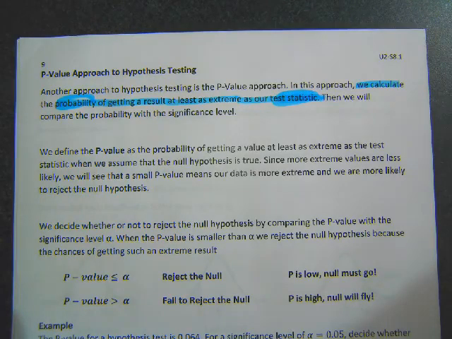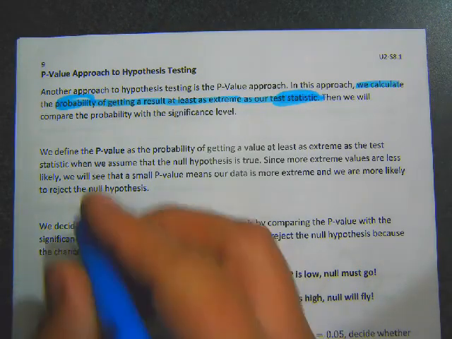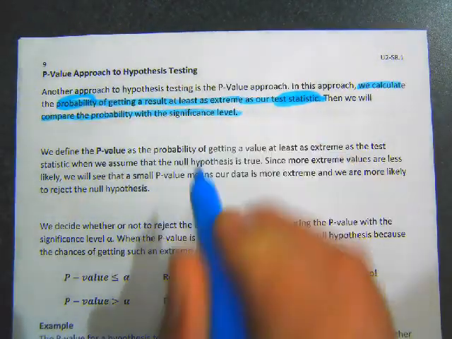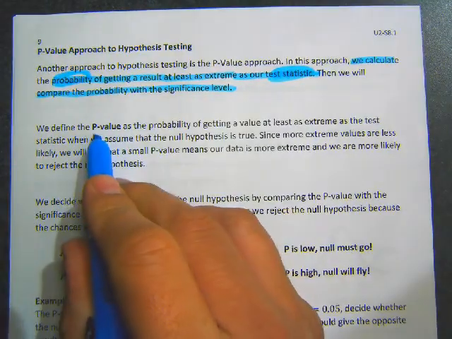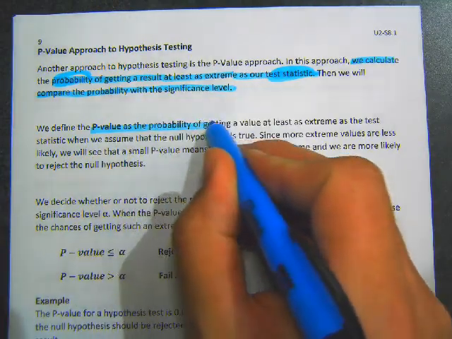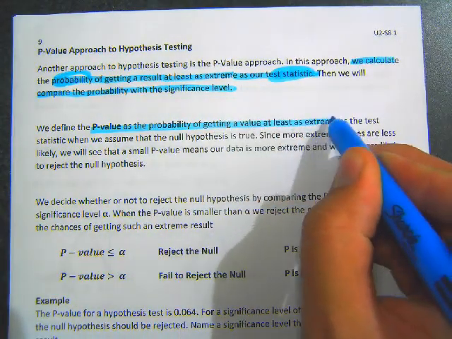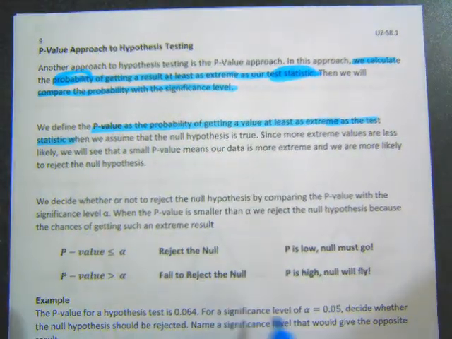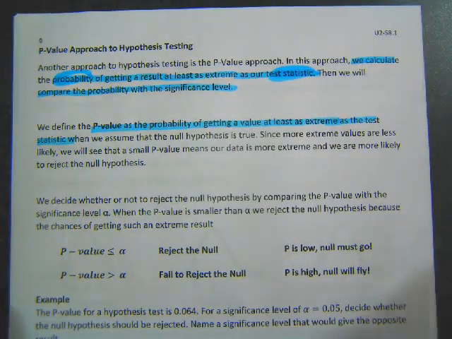So we'll look at our test statistic, basically find the probability of the area for the test statistic and beyond, and that's how we'll figure out the probability, because remember, the areas under the curve are probabilities. Then we'll compare that probability with the significance level. So the p-value is the probability of getting a value at least as extreme as the test statistic. The probability of getting that test statistic, or something even worse.